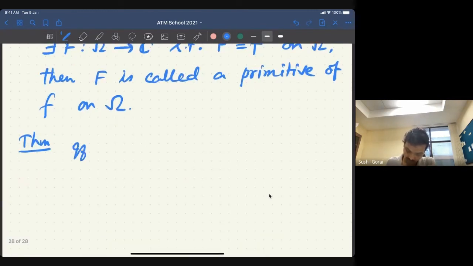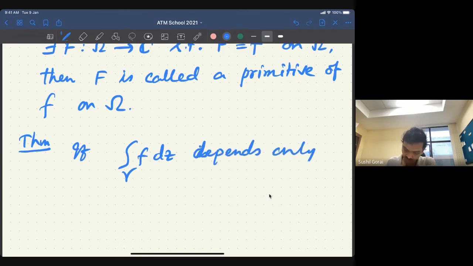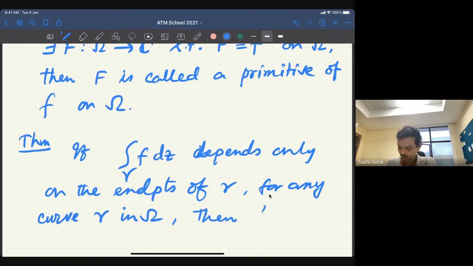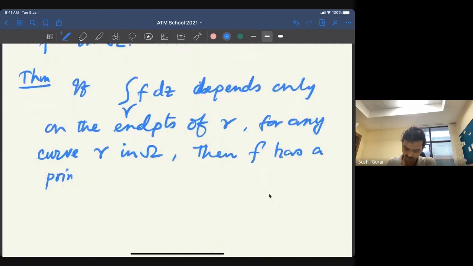So if the integral over gamma of f dz depends only on the endpoints of gamma for any curve gamma in omega, then f has a primitive in omega.